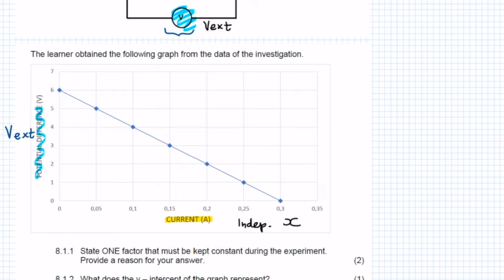When we take a look at this graph, we see that as the current increases, the potential difference decreases. While the current is called the independent variable because it is plotted on the x-axis, we see that the V external, or the potential difference, is plotted on the y-axis. This means that it is the dependent variable in this investigation.